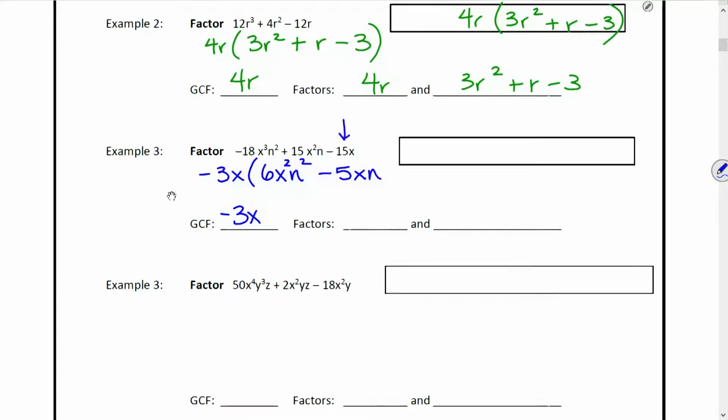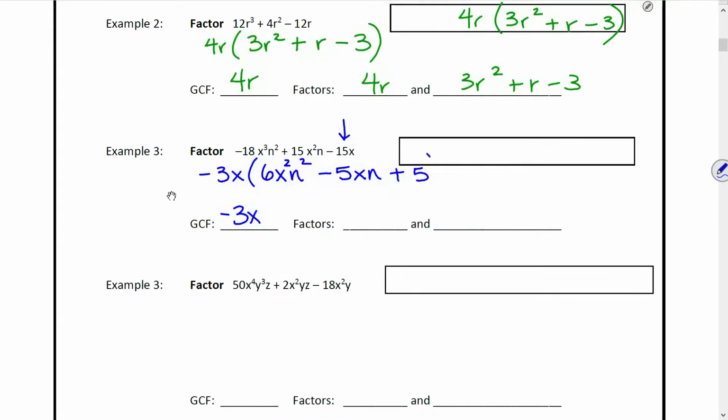Okay, now for the last term, negative 3x times what is negative 15x. Let's see here. A negative times a positive will be a negative, so I need a positive number here. 3 times what is 15? The answer is 5. And then x times nothing is x.